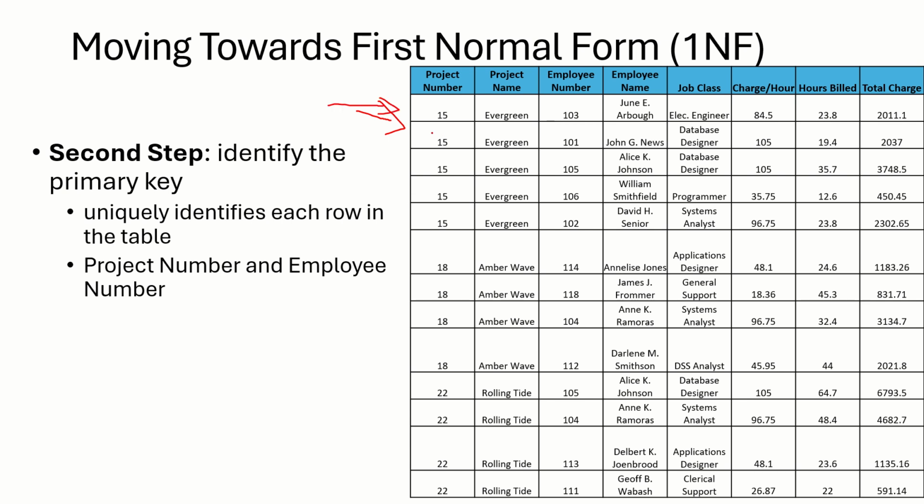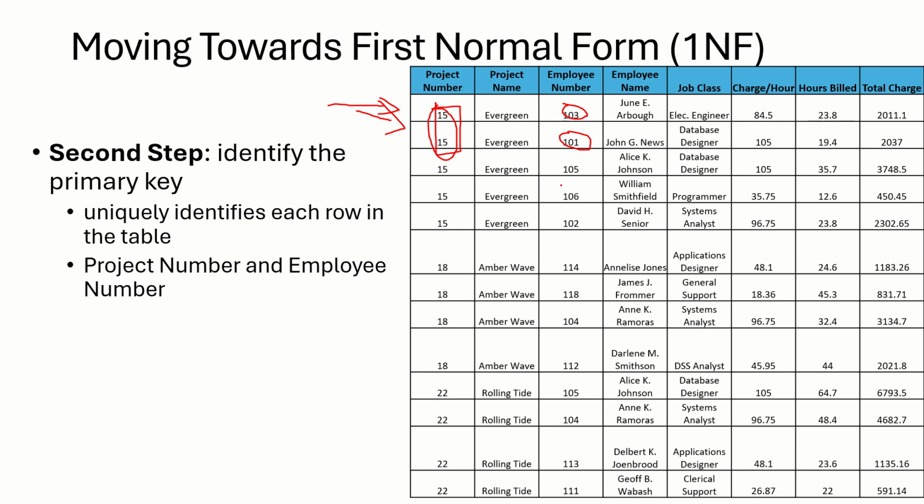You can see right here, if you only use the project number, it obviously cannot be the primary key, because it's duplicated, right? Because 15 can be with 103, 15 can be with 101. So that means it's not capable of being a primary key.